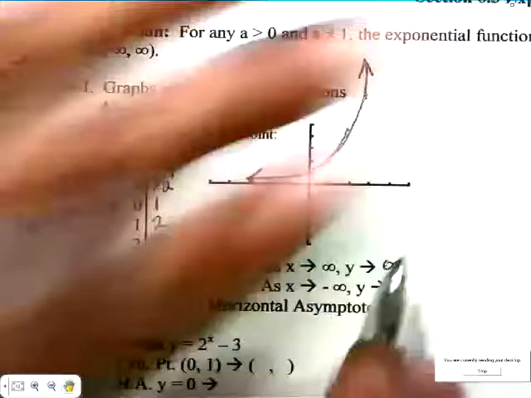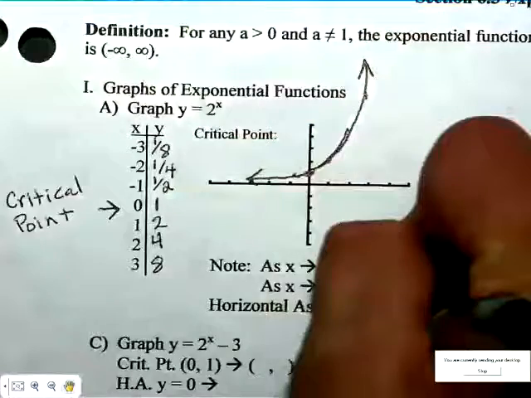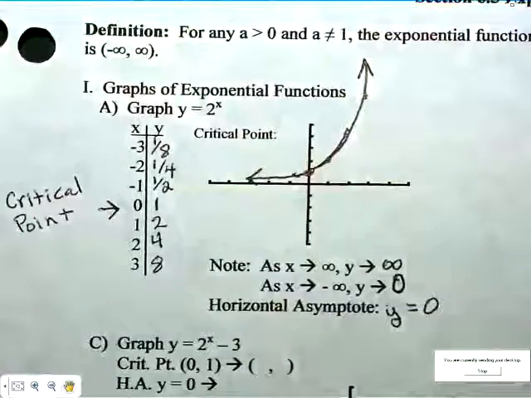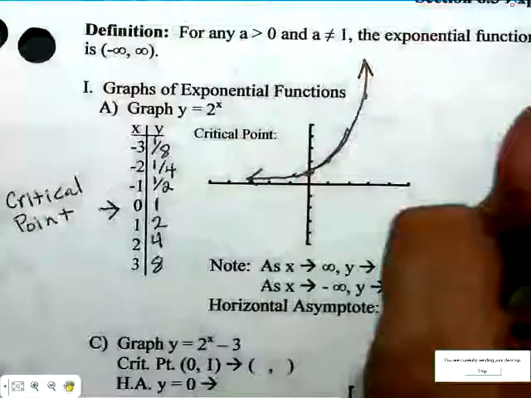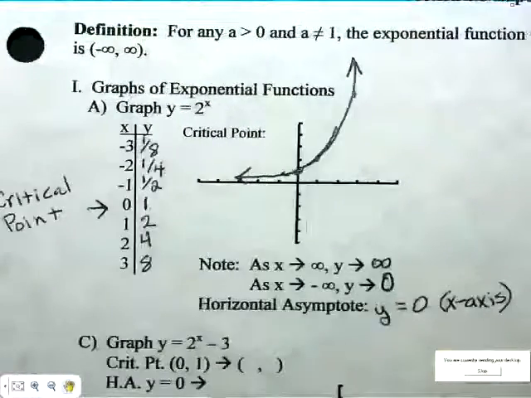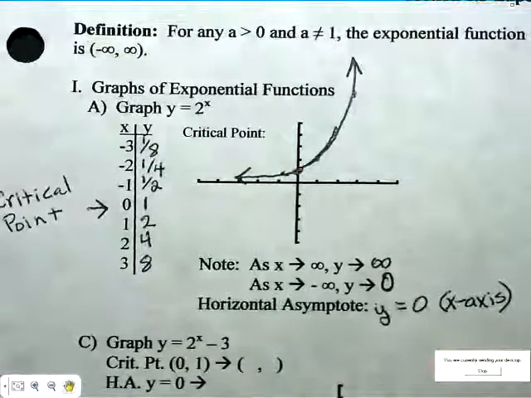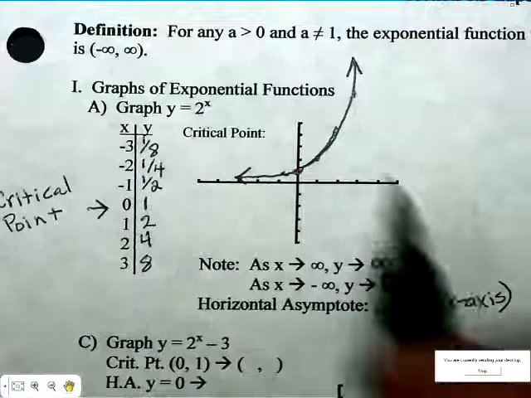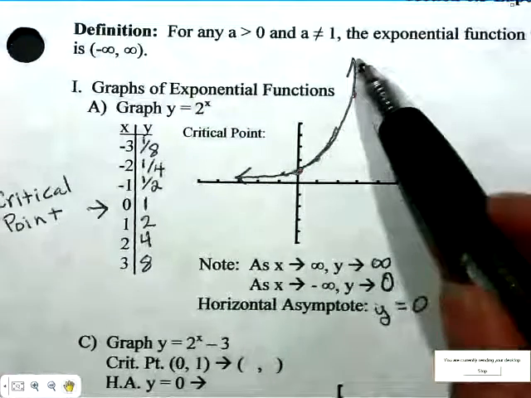The horizontal asymptote of the exponential function is y equals 0, also known as the x-axis, which you wouldn't write y equals x-axis for the equation of that line. You'd write y equals 0. So as x gets big, y gets big really fast.